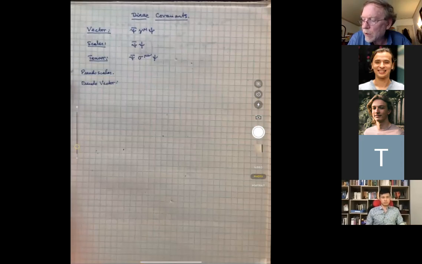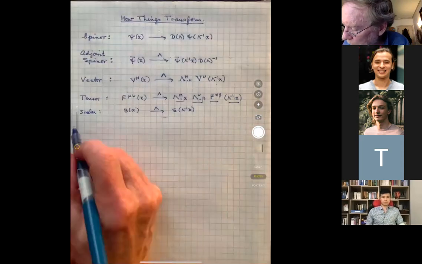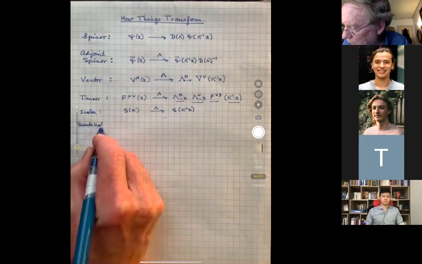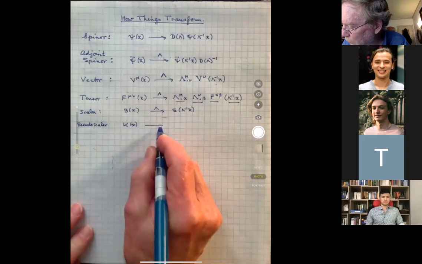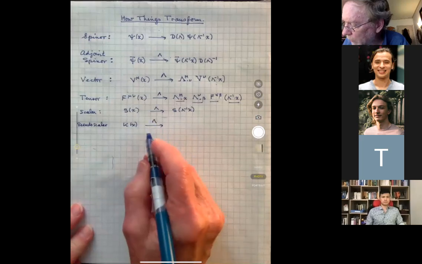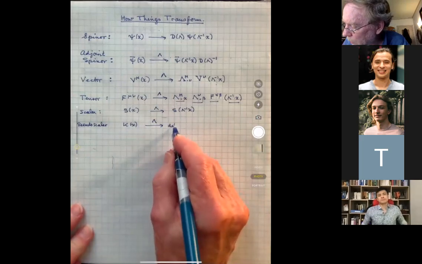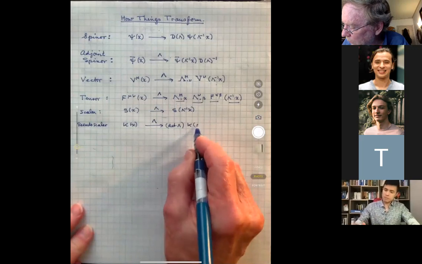And so we can have a similar situation now in the relativistic theory, and we can talk about pseudoscalars and pseudovectors. So to go back to this table here, if we had a pseudoscalar, let's call it k of x, how it should transform under an arbitrary Lorentz transformation, now including improper ones, is it should be multiplied by the determinant of lambda, and otherwise it just transforms like a scalar.